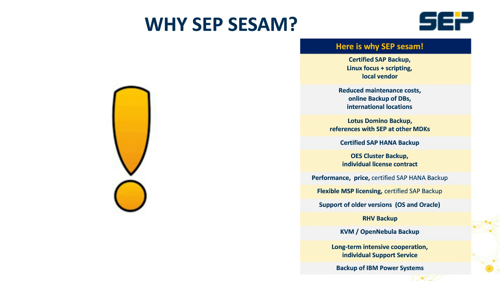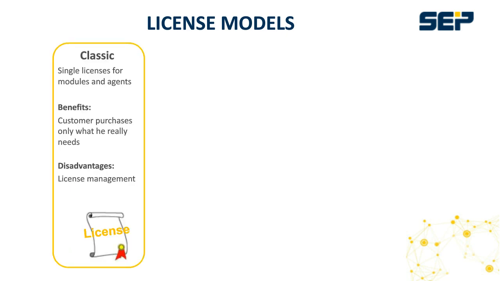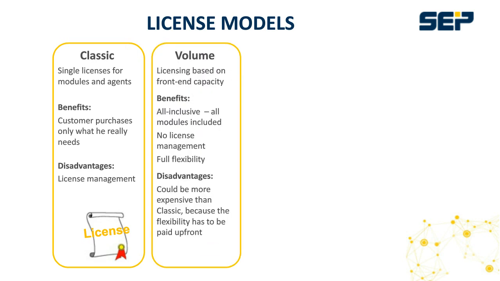I talked a bit about the license models. We have different license models to fulfill all the needs the customer has, but of course also our partner has. That means the classic license model, this is the typical model I think everybody is aware of, so you count the number of machines, OS, storage and everything to get a license calculated.